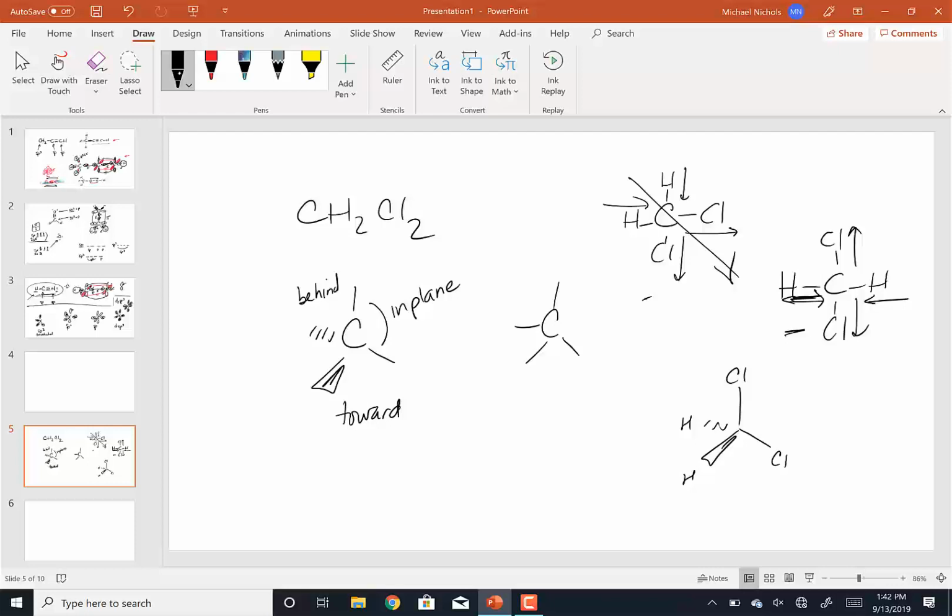If you have a tetrahedron of any kind, it will be nonpolar if all 4 positions have exactly the same atom.